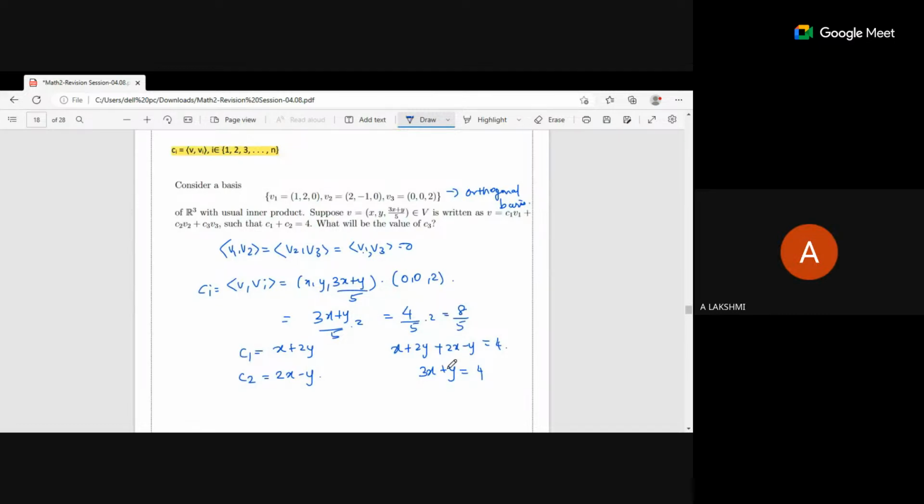If you do the usual dot product, the first two terms are multiplied with 0, and this one is just multiplied with 2. That's all. And how did you get the equation equal to 4, ma'am? Because it is given that C1 plus C2 is equal to 4. Okay. Fine.